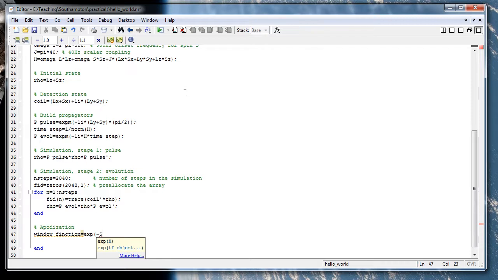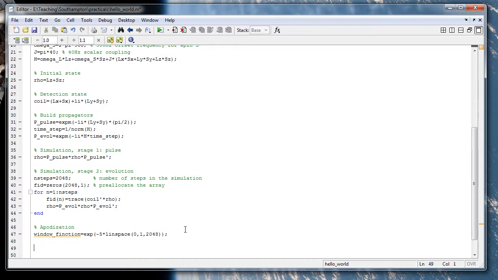And I wouldn't actually give it any specific t1 here, I will just make the length of our trajectory equal to 5t1, or rather I will make our t1 adapt to the length of the trajectory. So times linspace, they're just numbers with linear spacing from 0 to 1, and 2048 such numbers. So what this is, a list of numbers which go from 0 to 1 in 2048 increments, then multiplied by minus 5, exponentiated.